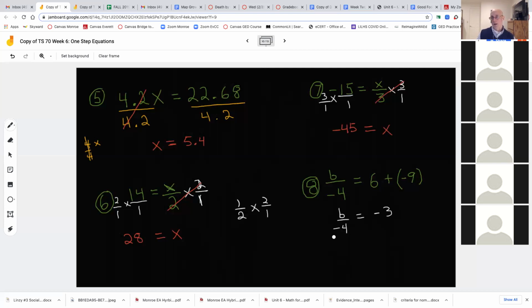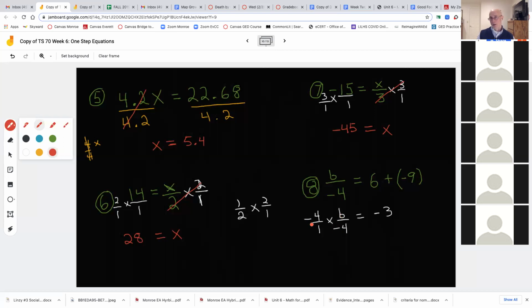What am I going to multiply this side by to get b by itself? If you're really thinking sharp right now, you're thinking I should multiply it by 4 over 1. But if I'm really being smart, I'm going to multiply it by a negative 4 over 1. Why? Because a negative times a negative gives me a positive.